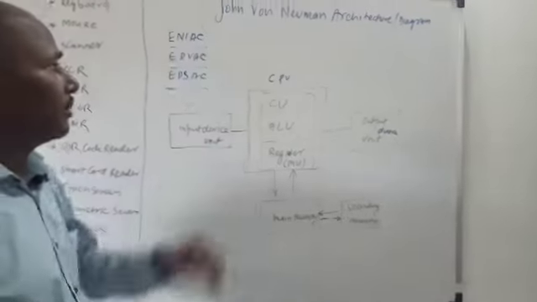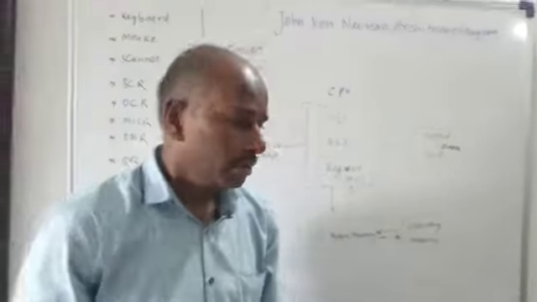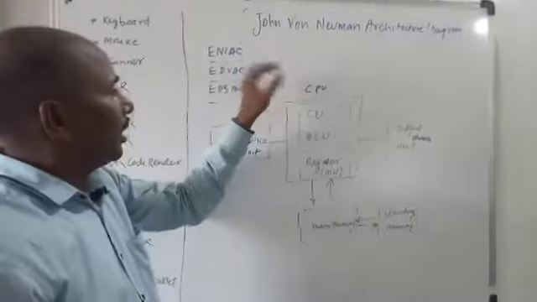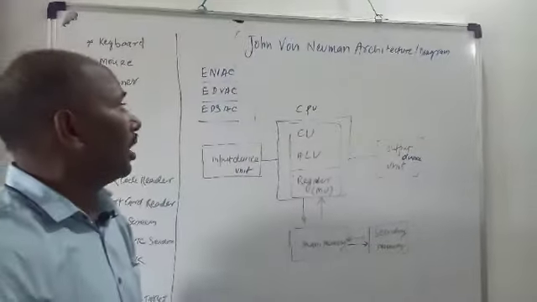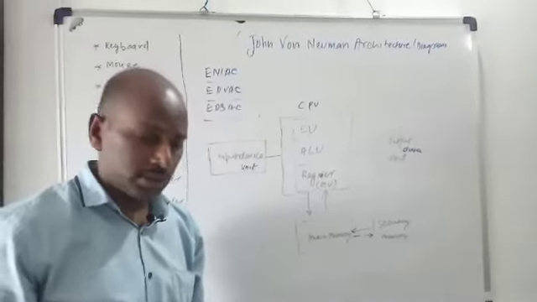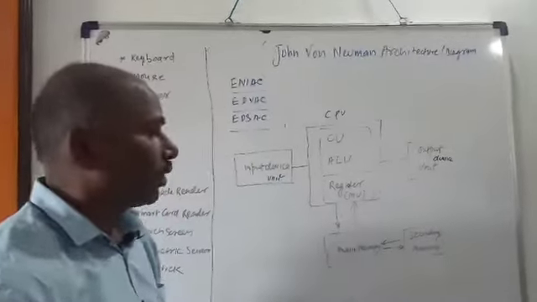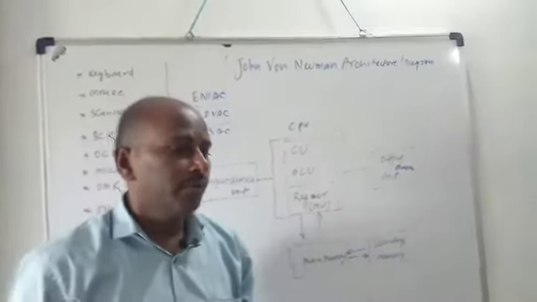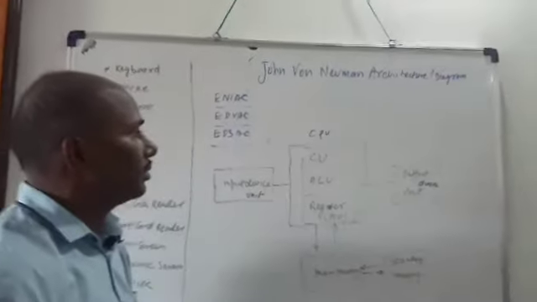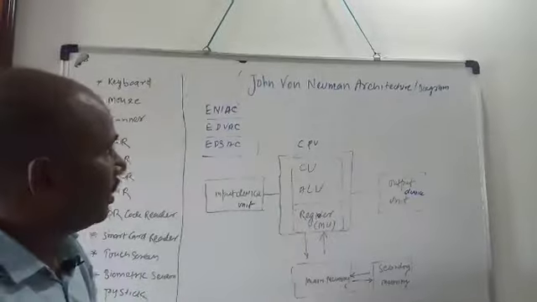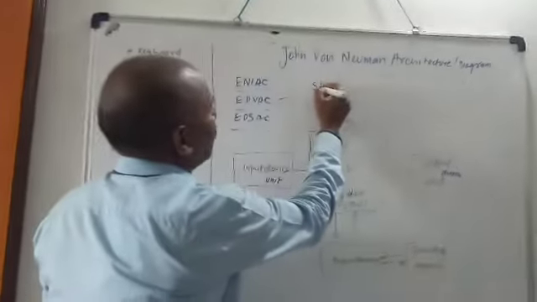The ENIAC machine was designed by Presper Eckert and John Mauchly. After that, one more machine was to be designed, and John Mauchly and Presper Eckert met John von Neumann for designing a new machine, and while preparing the drafts for this machine, the idea came to the mind of John von Neumann, and that idea was the stored program concept.